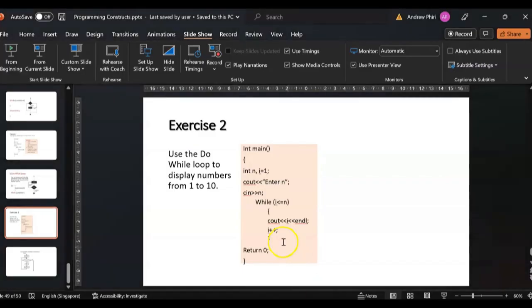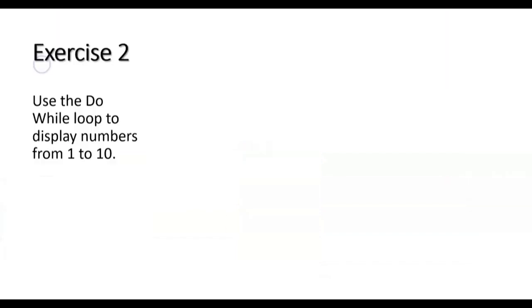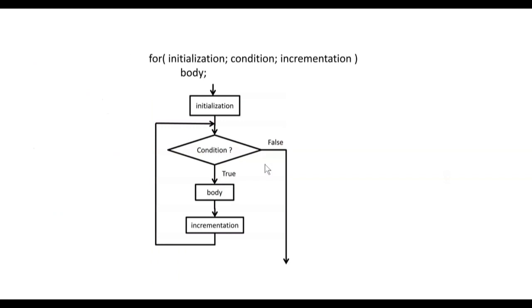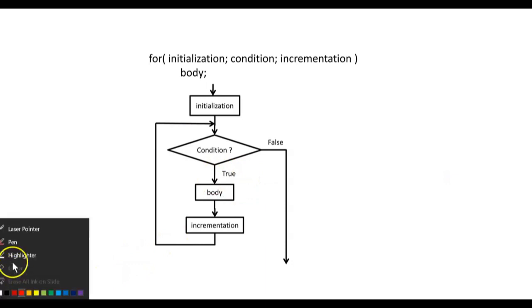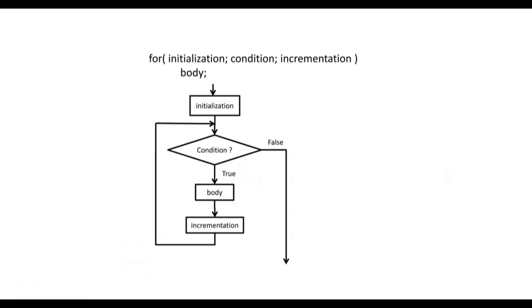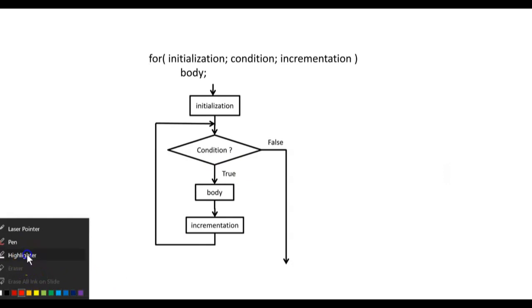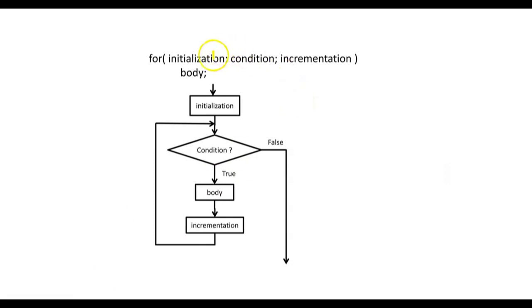But there is yet a more efficient way of writing looping constructs, and that is by using what is known as the for loop. I love using it because it's quite efficient. And what do we mean by that? With a for loop, you write the keyword for, and in these brackets, there are three things you write.